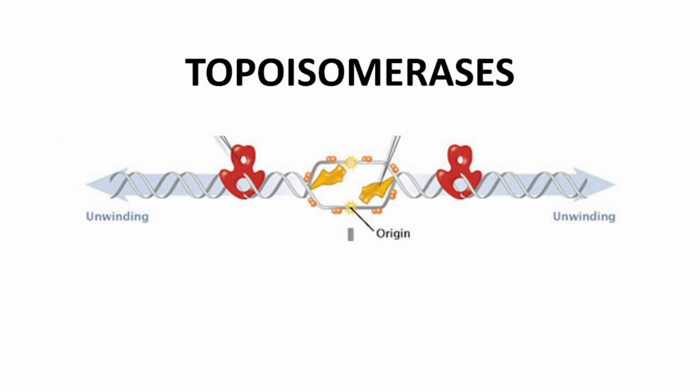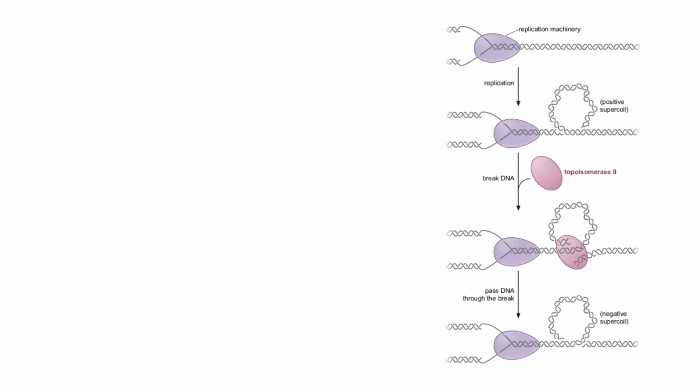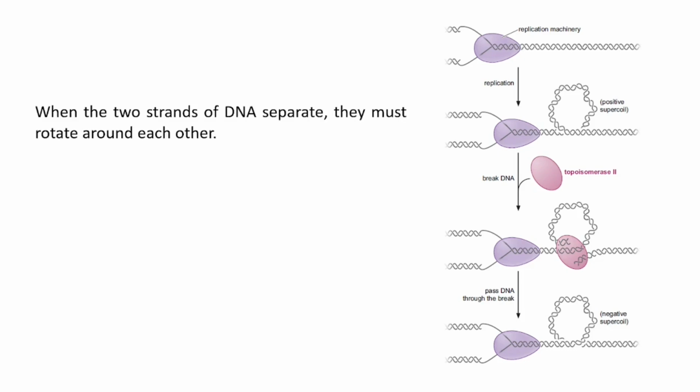We have seen that DNA helicase separates the two strands of DNA so that each strand acts as a single-stranded template. When the two strands of DNA separate, they must rotate around each other. Helicase could handle this task alone if the DNA were linear and unnaturally short, but closed circular DNA molecules such as the E. coli chromosome presents a special problem.